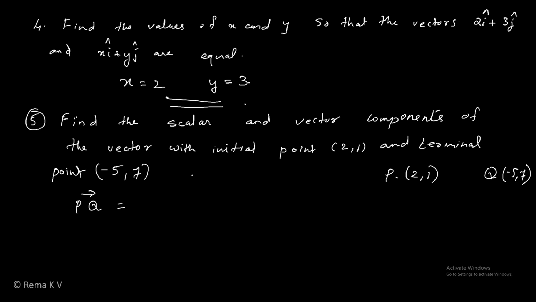Distance formula is to find the modulus of this vector PQ. Just you have to write this as minus 5 minus 2i. This is x1 y1 and this is x2 y2. Okay, so this is minus 5 minus 2i, then plus 7 minus 1 j, which is equal to minus 7i plus 6j.